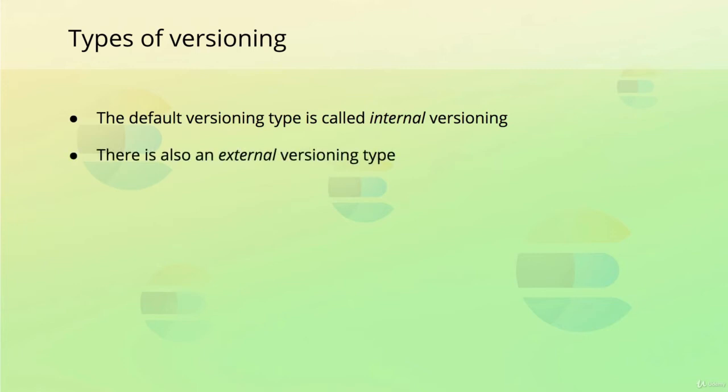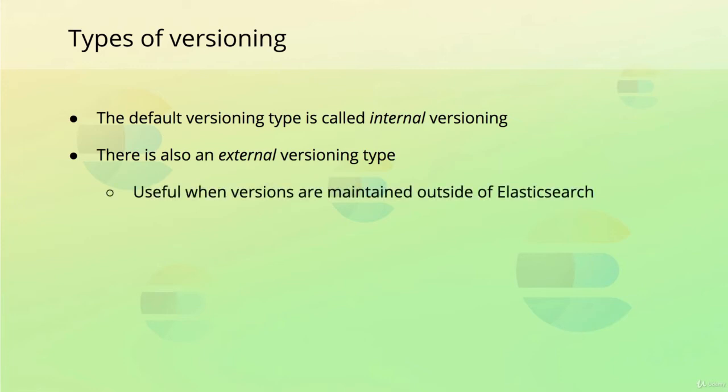There is another type of versioning that you can use, which is called external versioning. This versioning type is meant for situations where you maintain a document's version outside of Elasticsearch, such as within a database. An example could be that you use a relational database as the primary data store and index data into Elasticsearch to make it searchable.